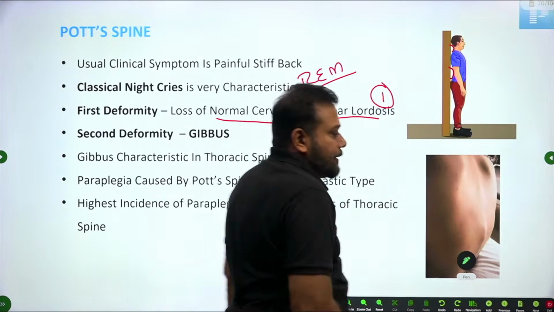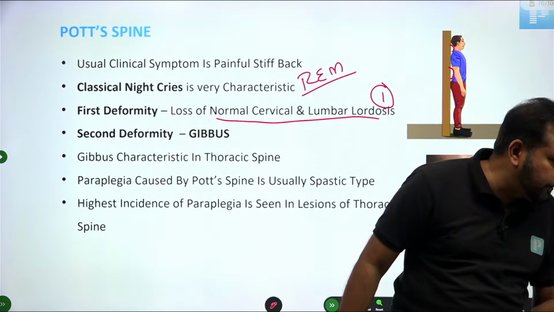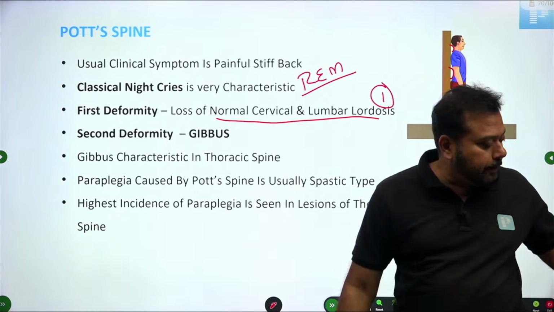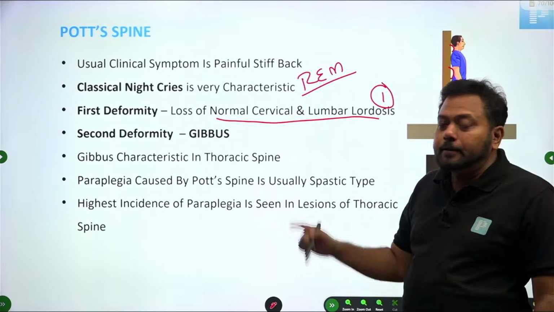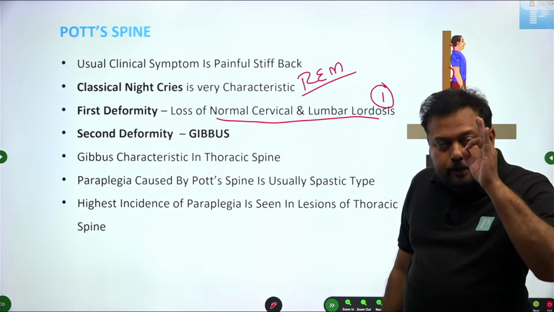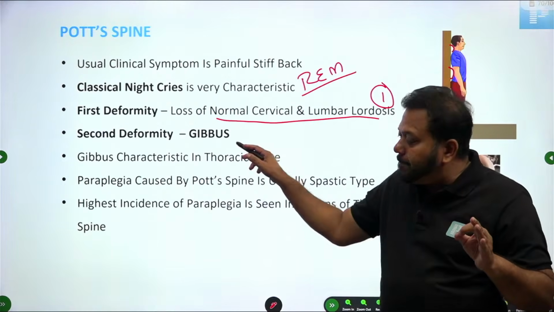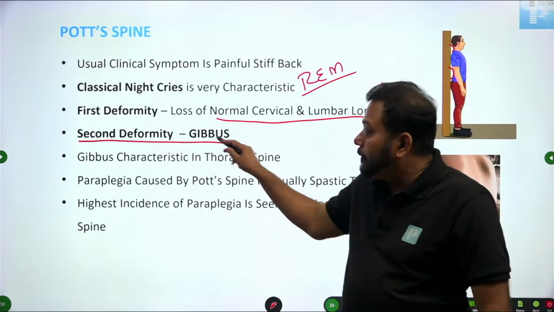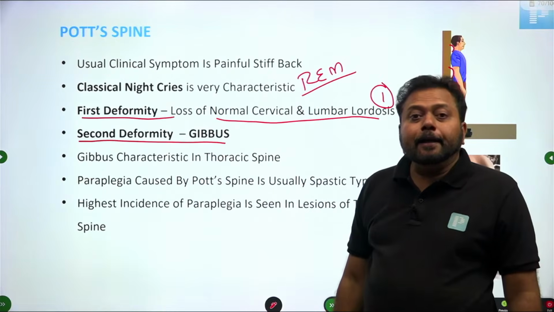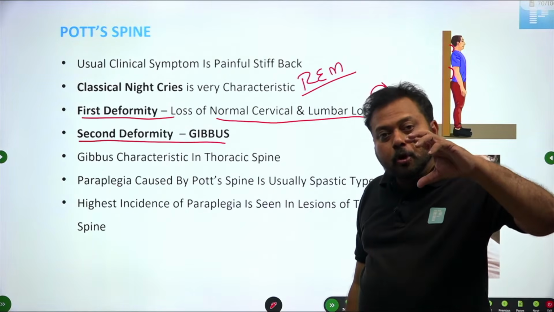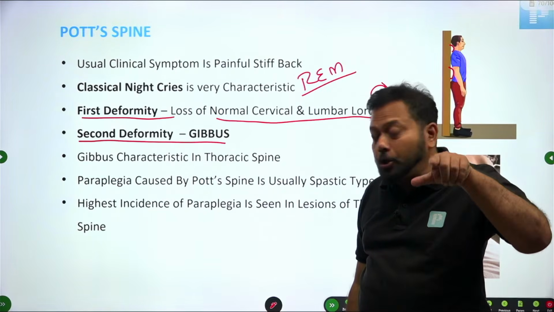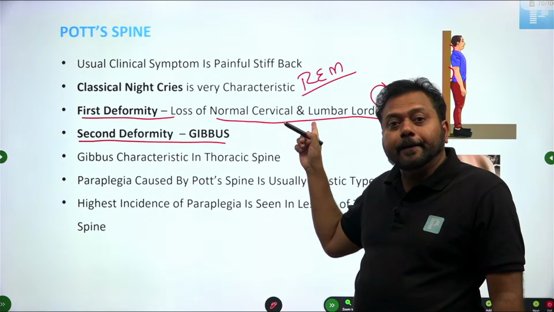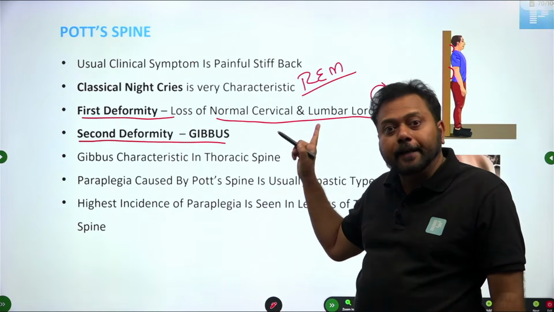Why am I stressing this point again and again, dear friends? Because many of you, whenever they ask about tuberculosis, immediately think of gibbus. Gibbus is the second deformity. In the clinical history, if they ask the most common deformity, loss of normal cervical and lumbar lordosis is the right answer.